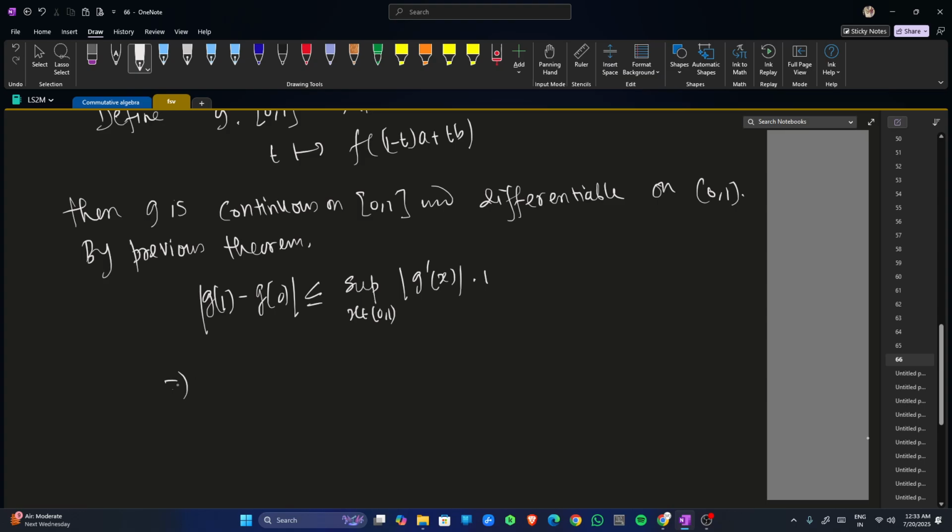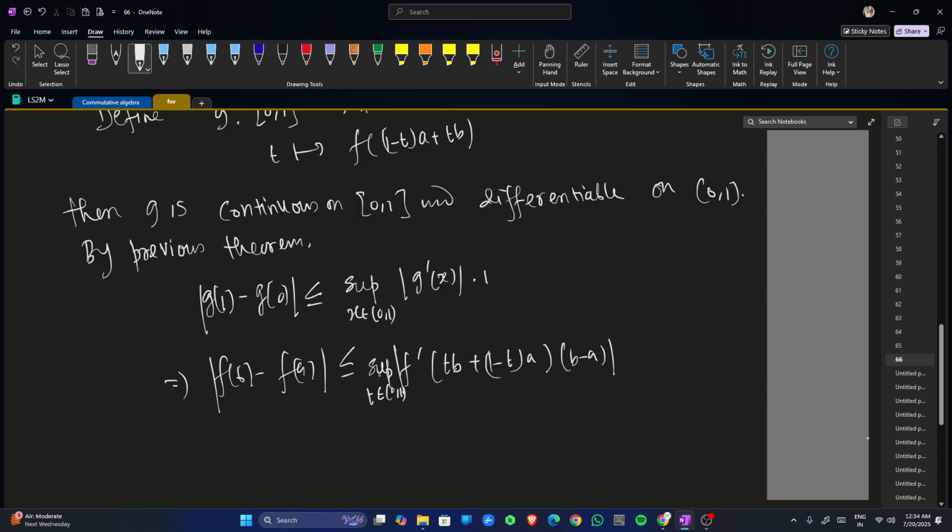What is g(1)? g(1) is f(b), and g(0) is f(a). So f(b) minus f(a) is less than or equal to the supremum over t in [0,1] of the norm of f prime at (t b plus (1 minus t) a), times b minus a, since g prime is f prime times b minus a.